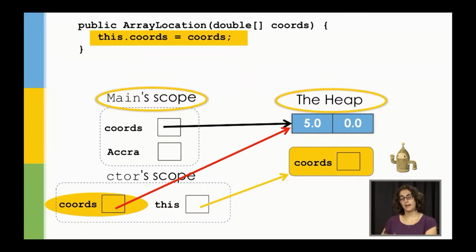On the right-hand side, we just have coords, but we're in the constructor's scope, so that variable is the circled variable coords that has that red reference. It's pointing to the array in the heap.